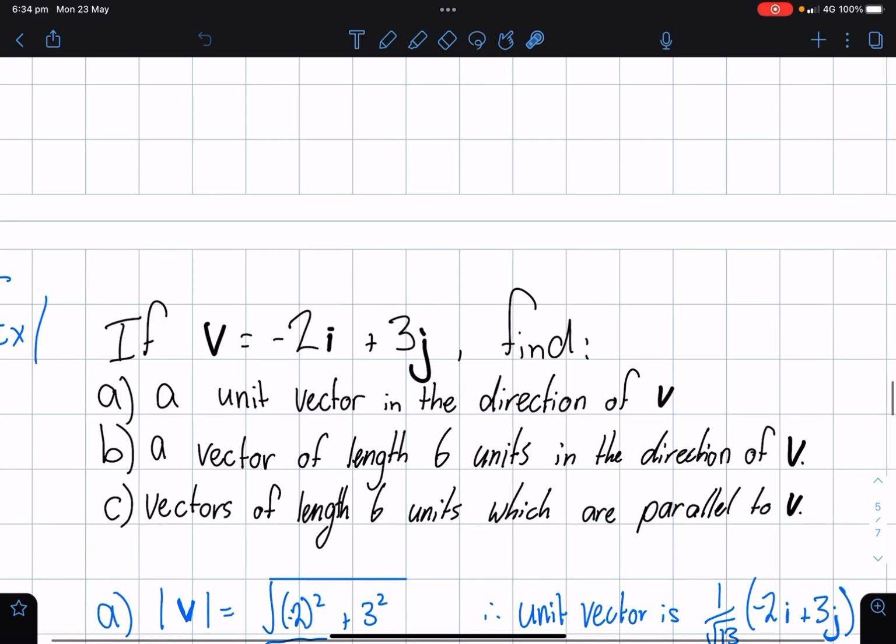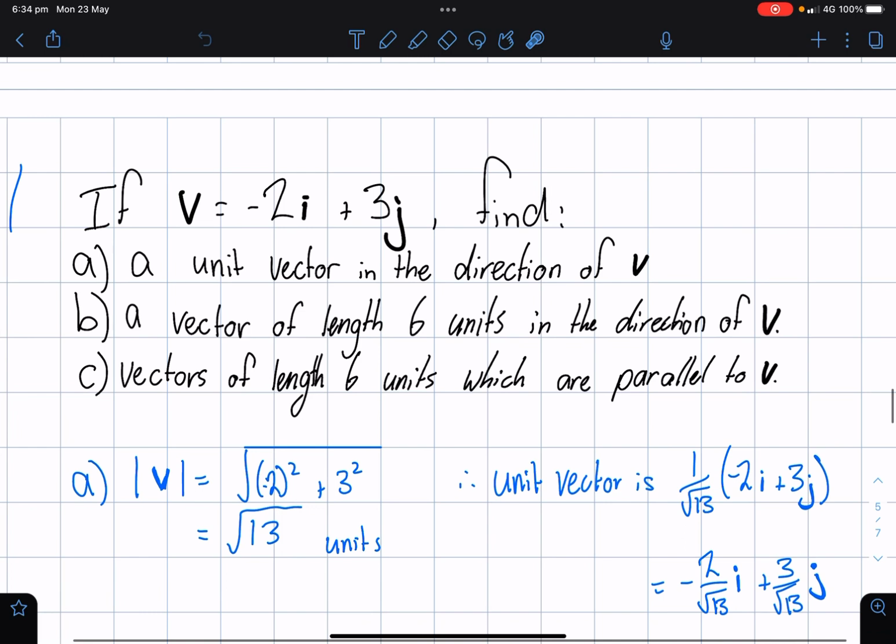All right, let's hit number 1 first. So part A, let's find the modulus of v. Remember, we need 1 over the modulus of v times v. So modulus v is equal to the square root of the horizontal component, minus 2 all squared, plus the vertical component, which is 3 squared as well. Now we get 4 plus 9, which is 13.